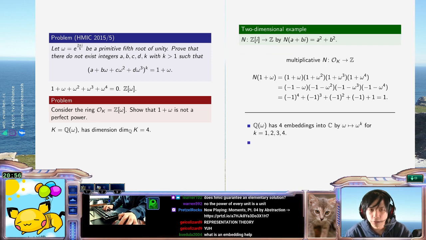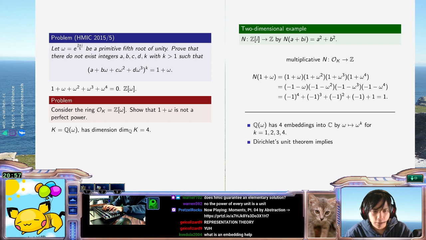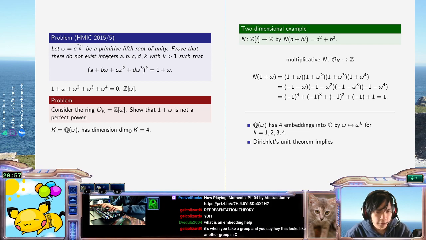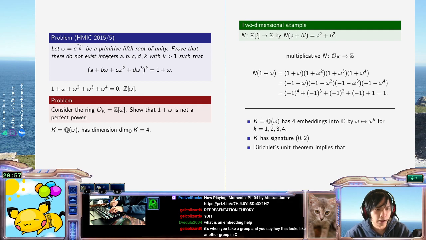And so what I can do here, so Dirichlet's unit theorem implies that K has signature 0, 2. So Dirichlet's unit theorem implies that the unit group OK star has rank 1.